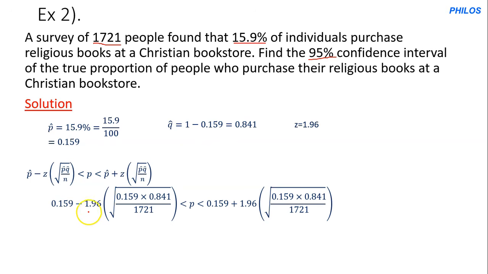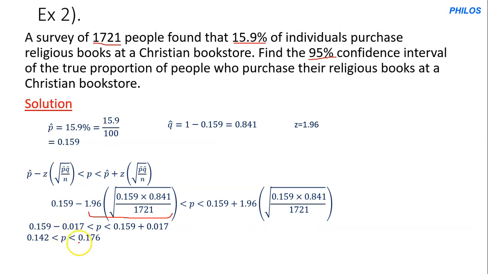So when you enter the margin of error on your calculator, that is this part, you are going to have 0.017. So you write 0.159 minus 0.017 less than P less than 0.159 plus 0.017. So take 0.159 minus 0.017. That will give you 0.142.